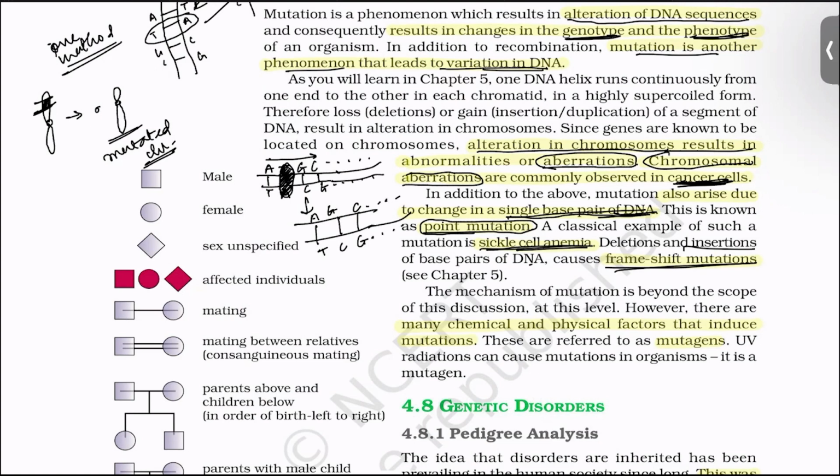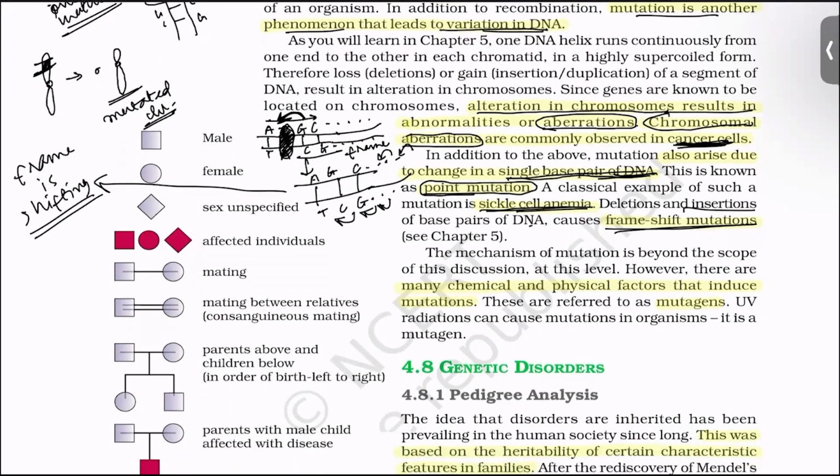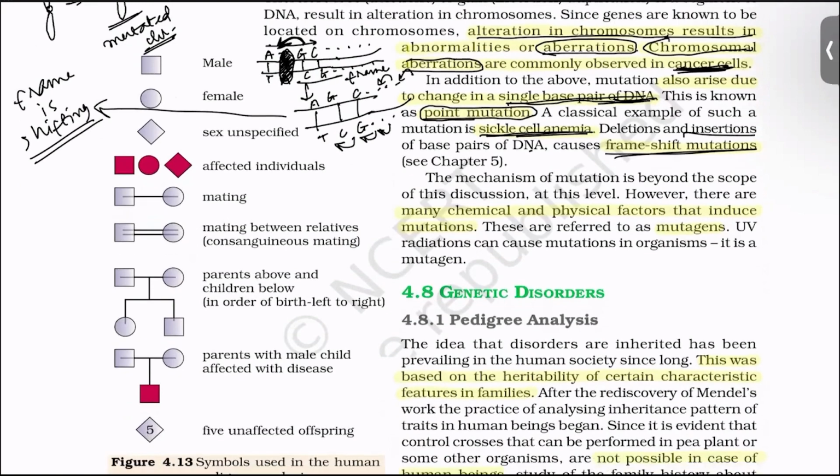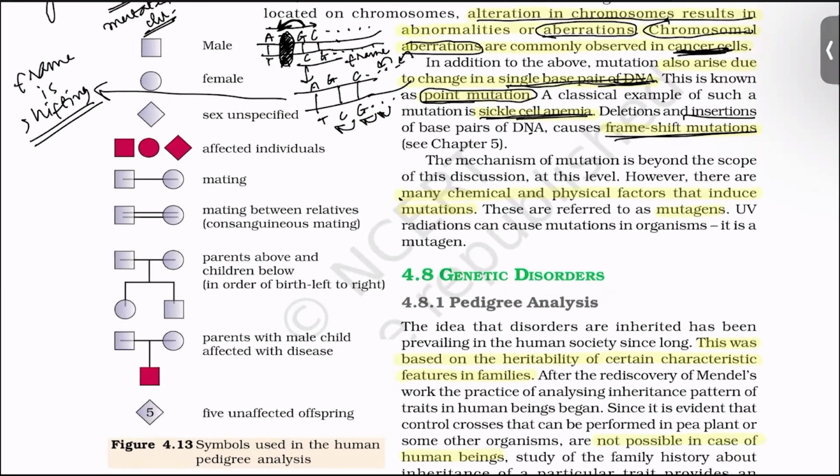But you can see that this whole frame of DNA is getting shifted by one base pair. Every base pair is getting shifted by one base pair, and this means the whole frame is shifting, and that is known as a frameshift mutation. And the mutations can be caused by many chemical and physical factors, which are also known as mutagens.